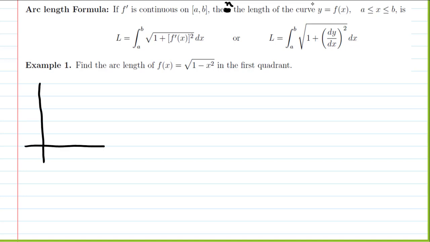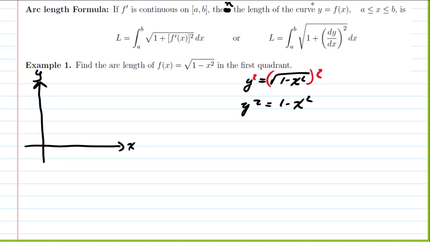So the first quadrant is where both x and y are positive. And if we were to graph this, what's that graph going to look like? So f of x and y are the same thing. So this is y equals the square root of 1 minus x squared. If we were to square both sides, we get y squared equals 1 minus x squared.